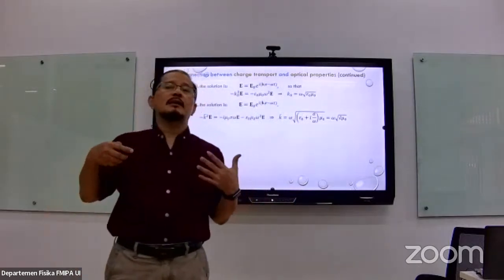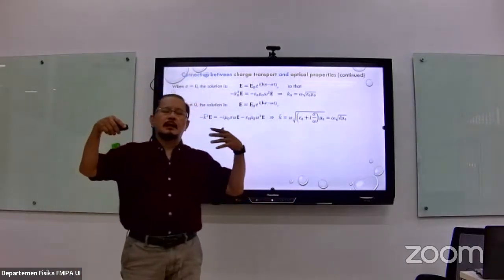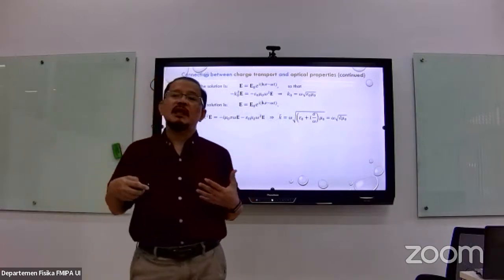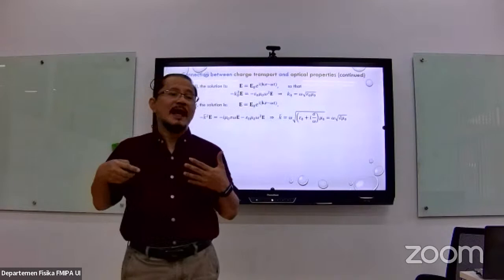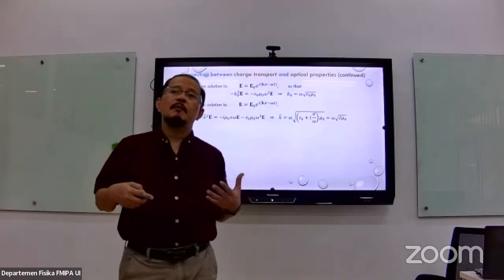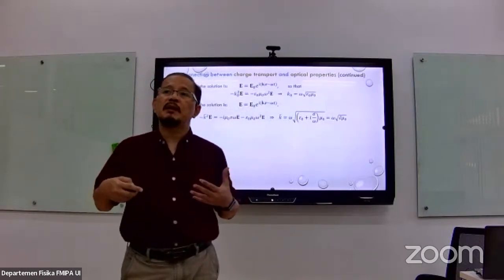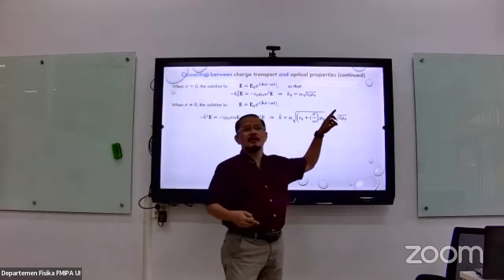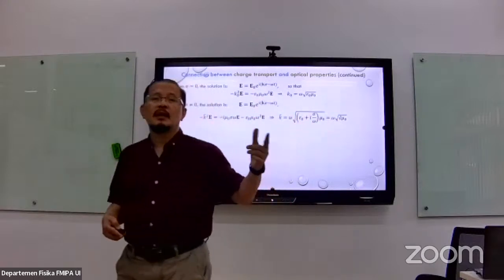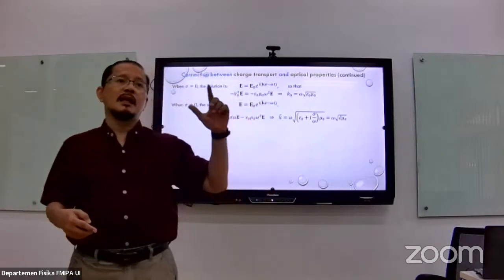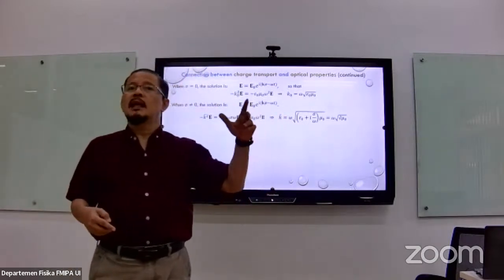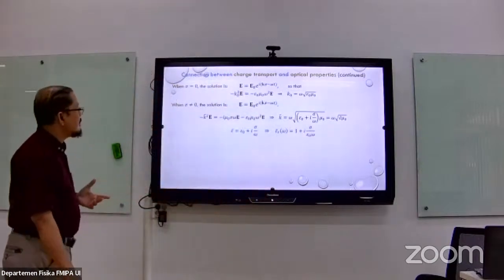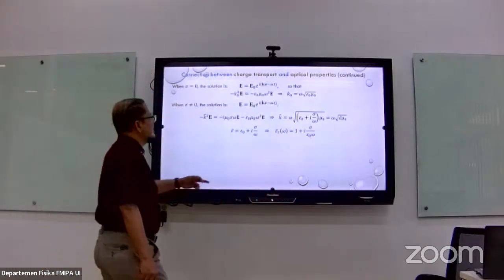So now, rather than saying that my medium has permittivity equal to permittivity of vacuum, now I have the medium with permittivity described by this permittivity. Okay, this complex permittivity. It is no longer real and constant, but complex and actually frequency dependent. Okay, and what is that?